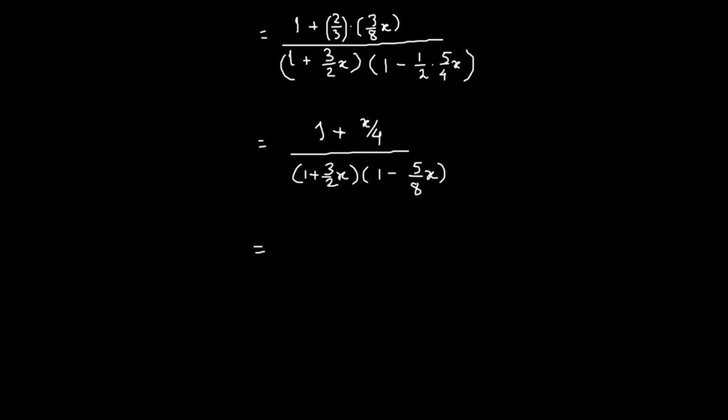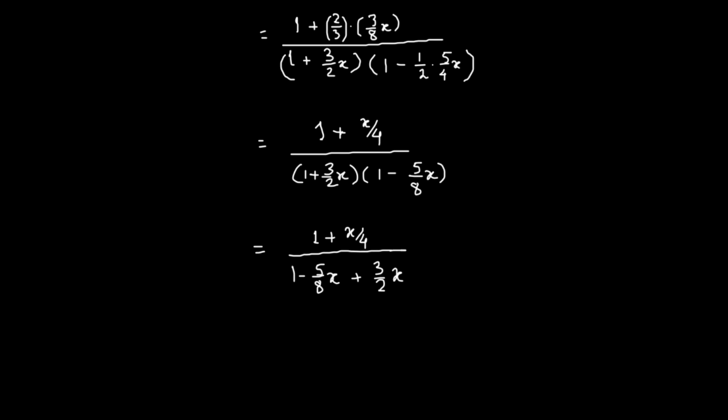Now we multiply the two expressions in the denominator, so we have 1 plus x over 4 in the numerator divided by 1 minus 5 over 8 times x plus 3 over 2 times x. We are neglecting the higher power of x, that is the x squared, which is appearing in the fourth term.